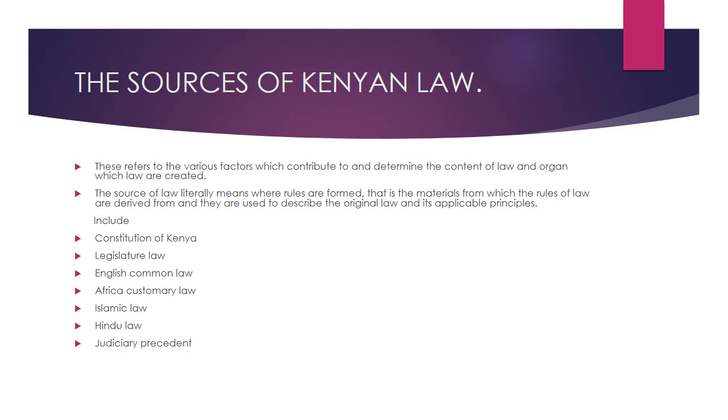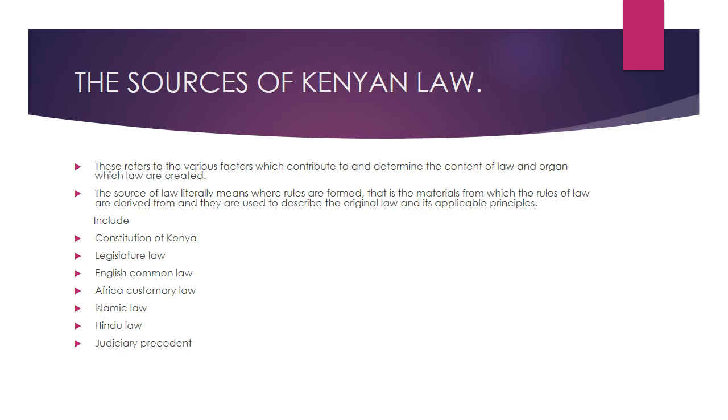The last slide is on the sources of Kenyan law. Source refers to where something originates or can be obtained. Therefore, it can also refer to various factors which contribute to and determine the content of law and organs by which law are created.